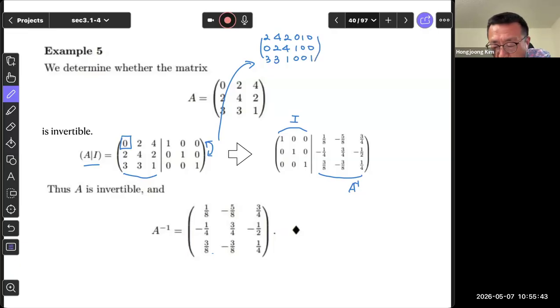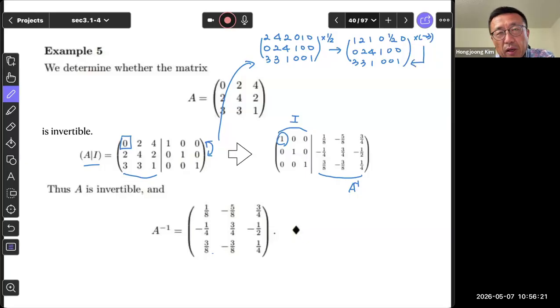And then to have 1, let me divide each entry in the first row by 2. In other words, I multiply 1/2 to the first row. Then the matrix becomes 1, 2, 1, 0, 1/2, 0, and 0, 2, 4, 1, 0, 0, 3, 3, 1, 0, 0, 1. And then I perform the replacement. That means I multiply -3 to the first row and then add it to the third row. Now, how do I get this -3?